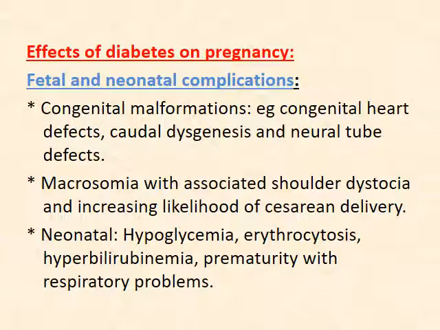Effects of diabetes on pregnancy, with regard to the fetus and neonatal complications: congenital malformation is common, like congenital heart defect, caudal dysgenesis, neural tube defect; macrosomia or large baby size, associated with shoulder dystocia and resulting in increased rate of cesarean section; neonatal hypoglycemia, erythrocytosis, hyperbilirubinemia, prematurity with respiratory problems.